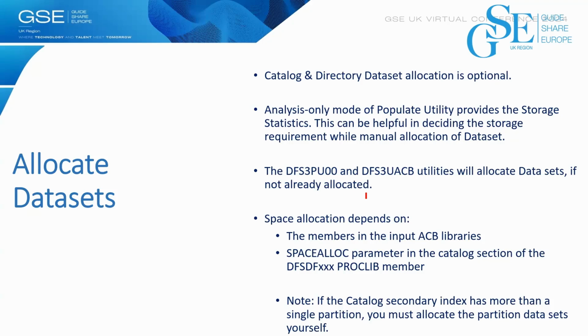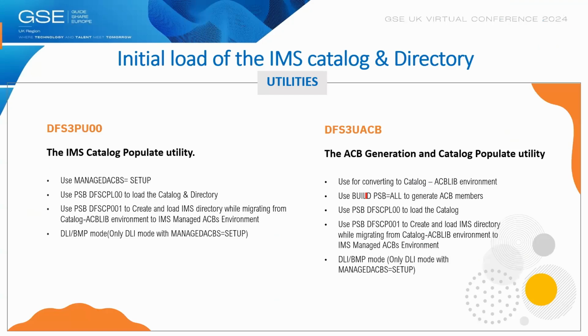Now let's take a look at the utilities that we already mentioned earlier for the initial load of the IMS catalog and the directory. That is DFS3PU00, the IMS catalog populate utility, and DFS3UACB, the ACB generation and catalog populate utility.